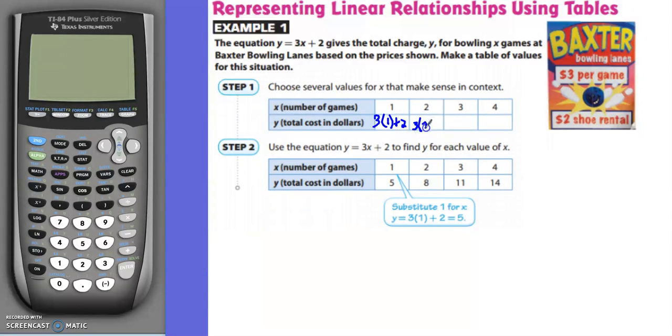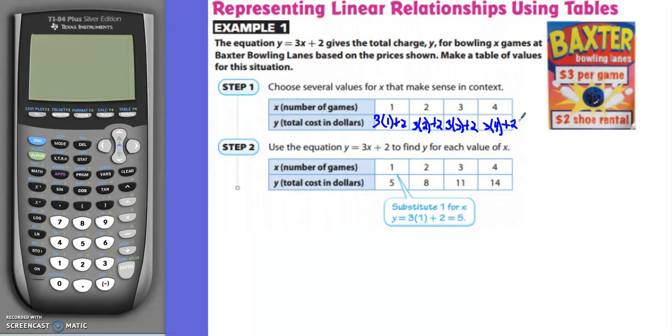Then you have 3 times 2 plus 2. 3 times 2 is 6, 6 plus 2 is 8. Then you have 3 times 3 plus 2. 3 times 3 is 9, 9 plus 2 is 11. Then 3 times 4 is 12, 12 plus 2 is 14.